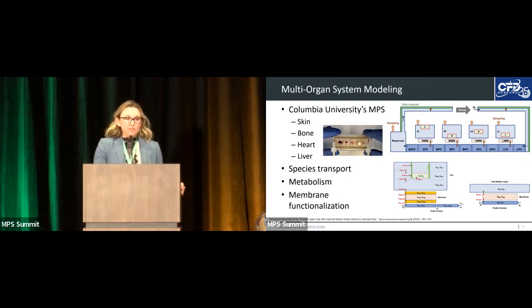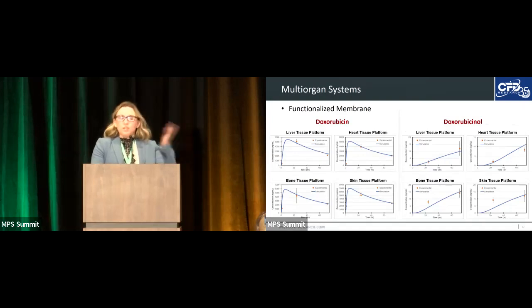Exactly like we would do a single chip, we've just done it for all 4 of these different tissue chambers. We have characterized species transport, and then we characterized metabolism of the drug doxorubicin into doxorubicinol. And we did this for both a functionalized membrane and a non-functionalized membrane to see how that membrane functionalization affects the PK results.